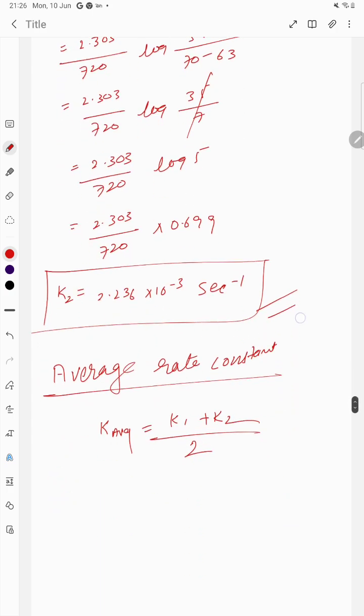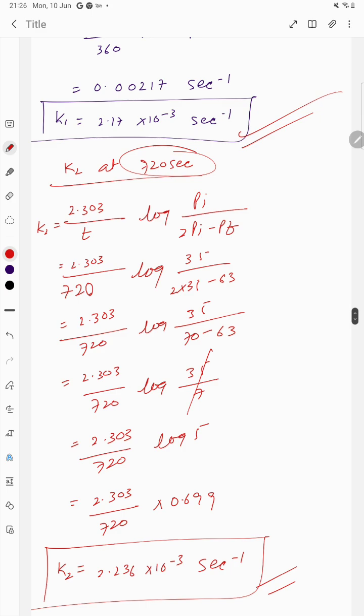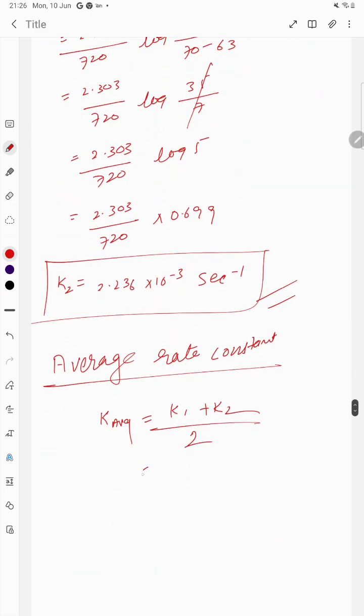K1 is 2.17 into 10 power minus 3 plus 2.236 into 10 power minus 3, divided by 2.